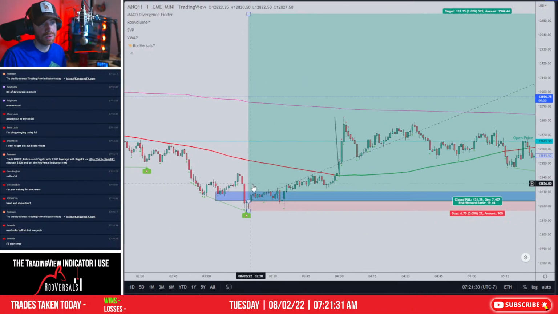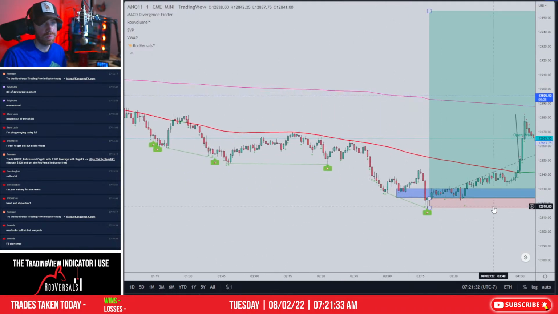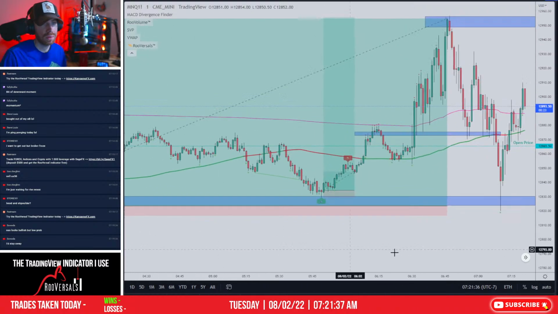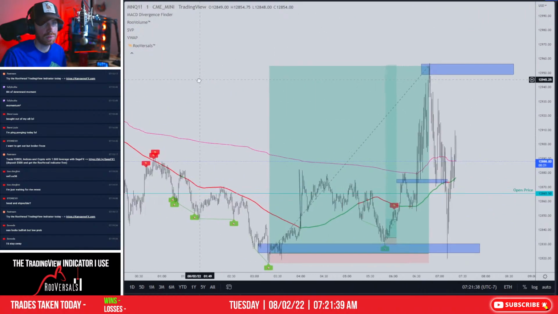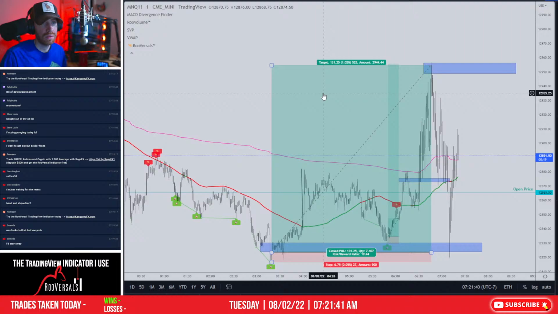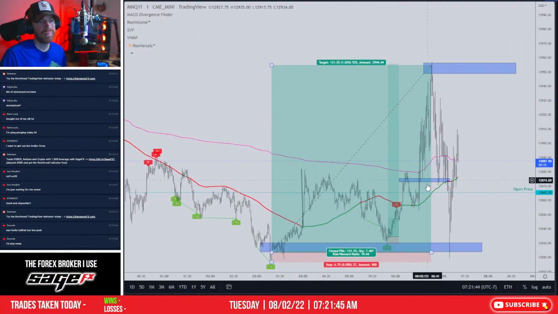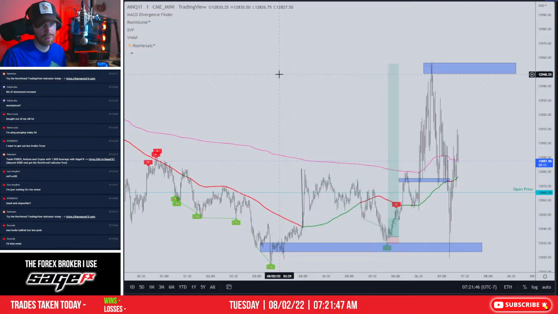Three o'clock this morning, below a zone. That one goes up 19 Rs. The second one went up 24.